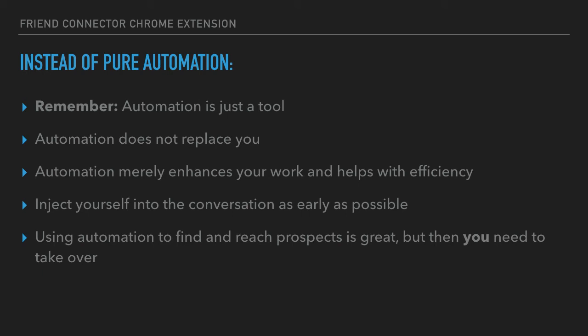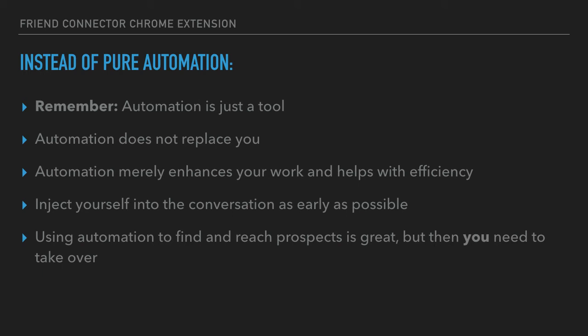But once you've got that all going, you need to inject yourself into the conversation as early as you can. The Chrome extension will send your initial messages out and put in your friend request. As soon as somebody has seen the request, read the message, and gone down through your Facebook wall, and it's not a bunch of spammy, scammy posts, they say, hey, I like this person, I want to interact with them.